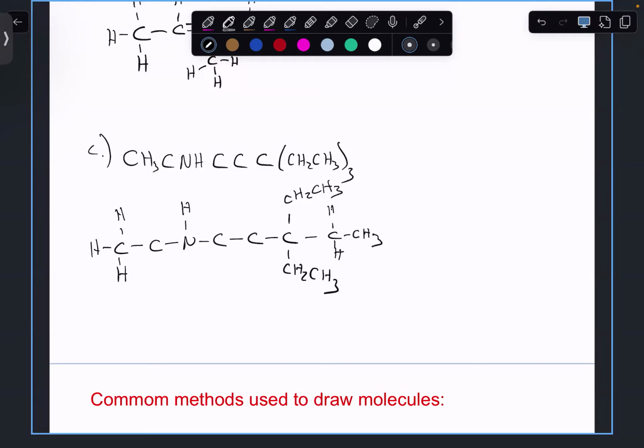That's the problem. Over here is fine. This carbon has 4 bonds and all of the CH2, CH3 groups. Those are all good. This carbon over here is good. But everything in the middle is not good.